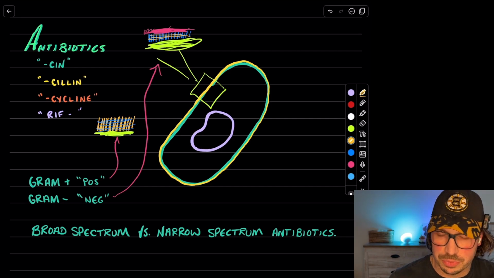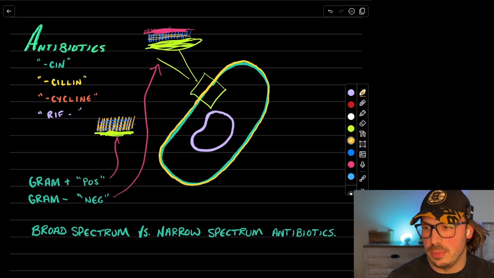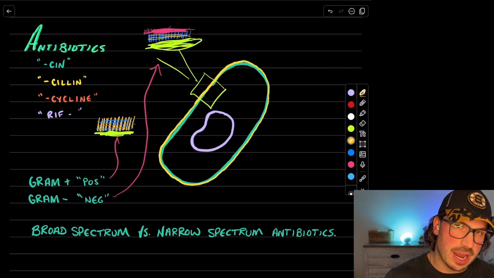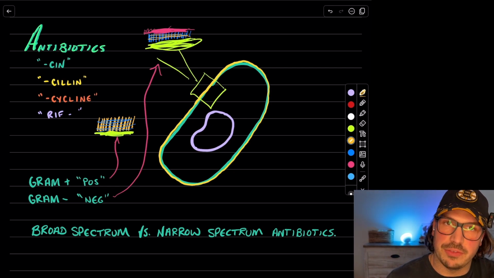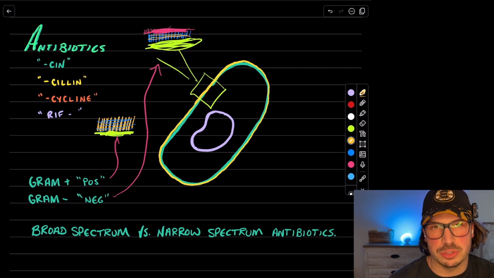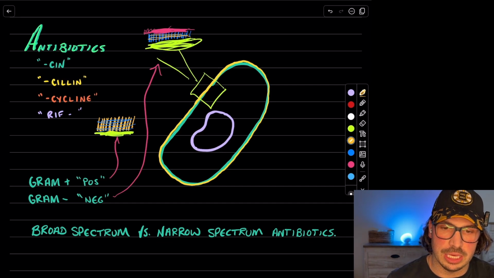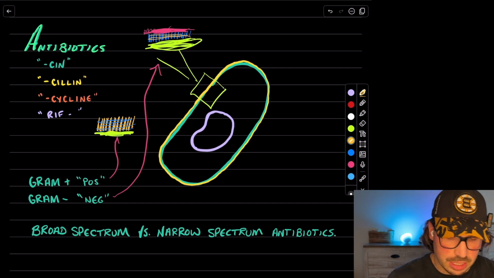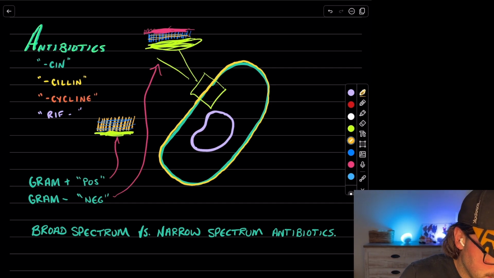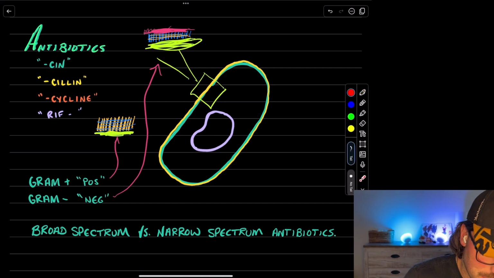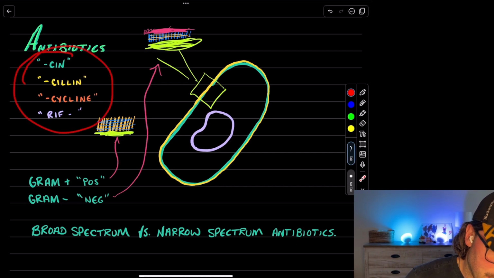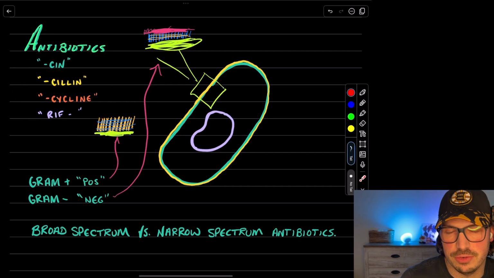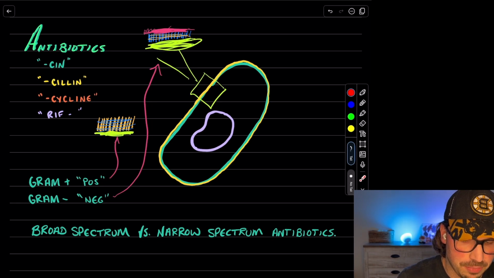If you have kids at home, a lot of them get prescribed amoxicillin. Ceftriaxone, you might have heard. It's kind of like a broad spectrum antibiotic. They'll usually prescribe that if they're not exactly sure what the infection is being caused by. So looking for things like these prefixes and suffixes will usually give you a pretty good hint if that's what you're looking at as far as a medication name.